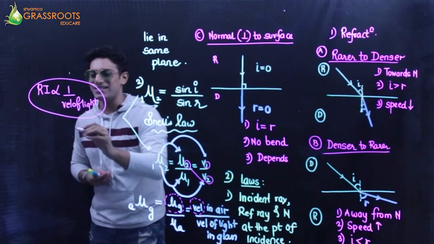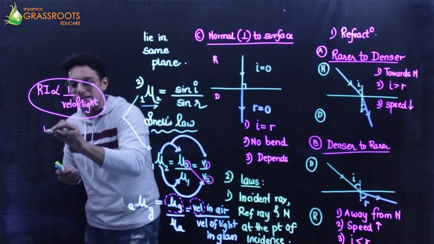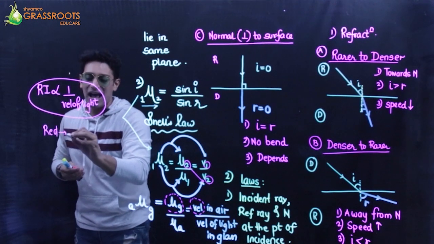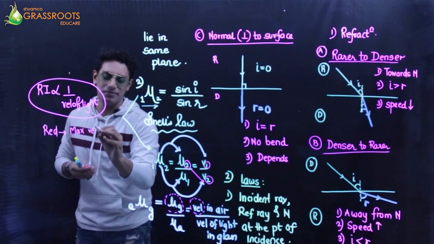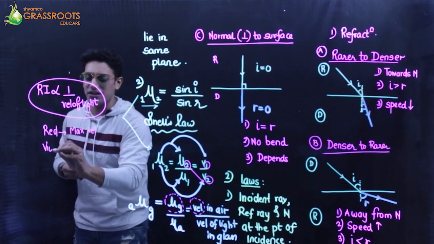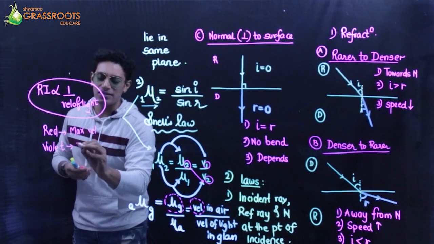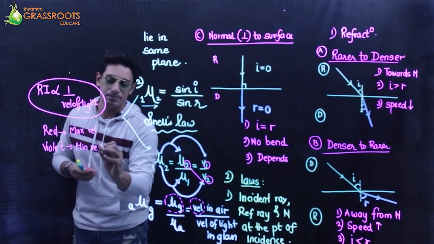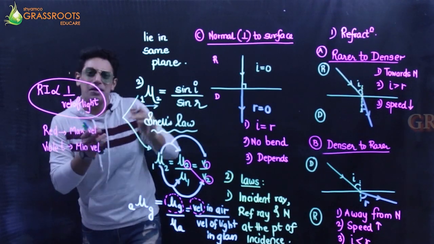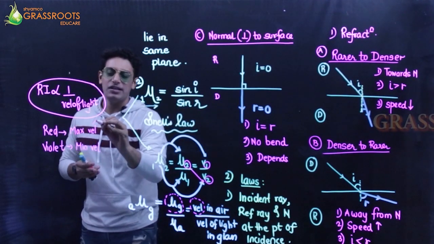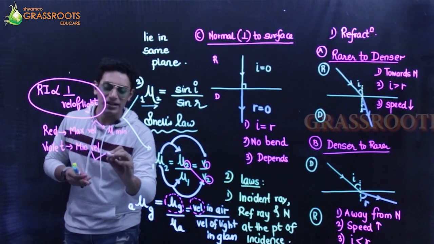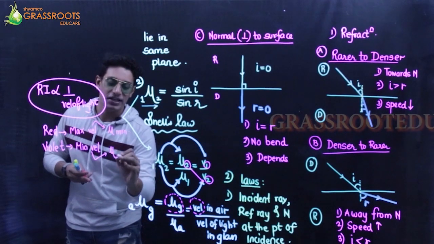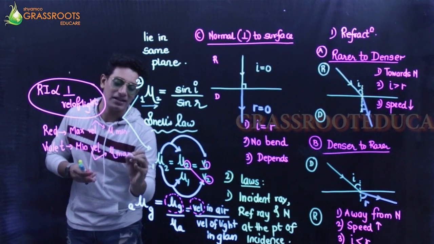So from here, can we state that red colored light has the maximum velocity and the violet colored light has the minimum velocity? So if red has the maximum velocity, its refractive index is minimum. Violet has the minimum velocity, its refractive index is maximum.